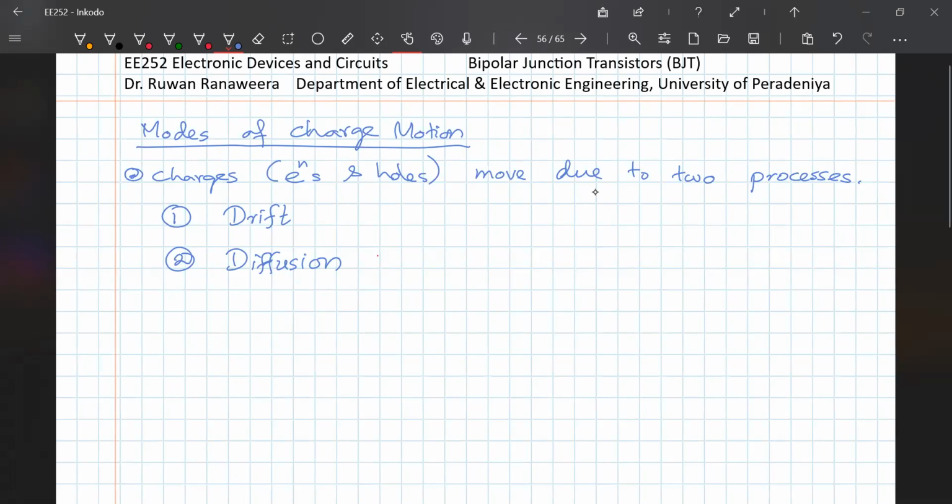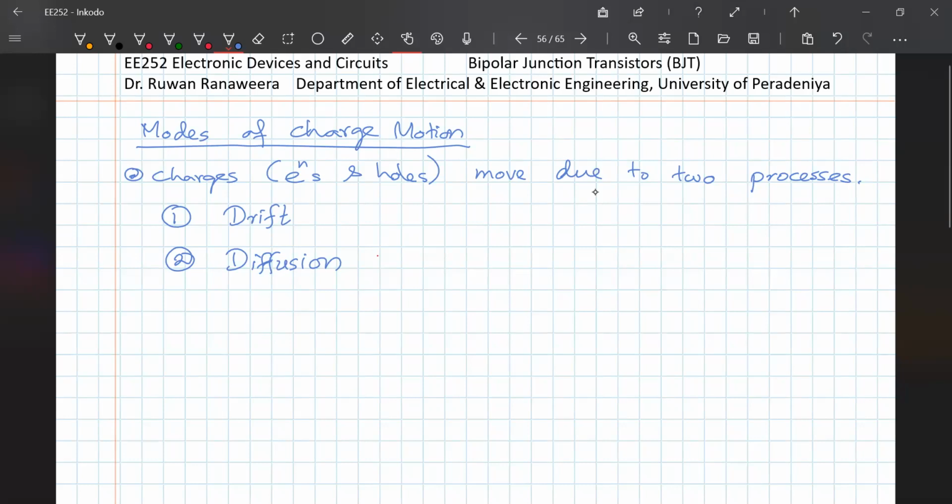In order to have a drift, you should have an external field applied. It could be an external electric field in terms of voltage applied. If there is an external electric field, positive to negative, then electrons experience a force in a certain direction, and they will tend to move towards that direction.